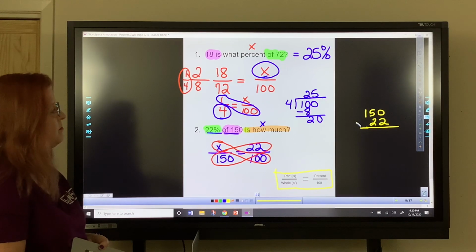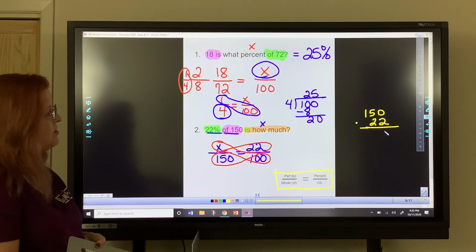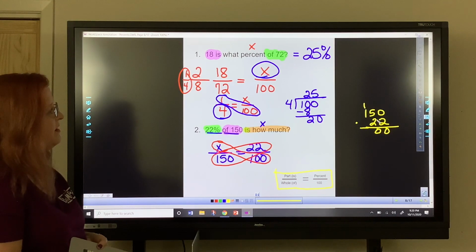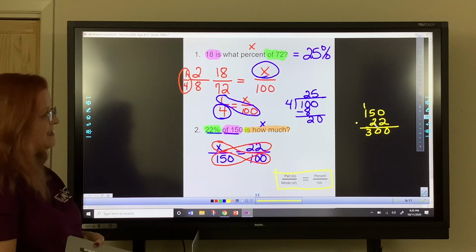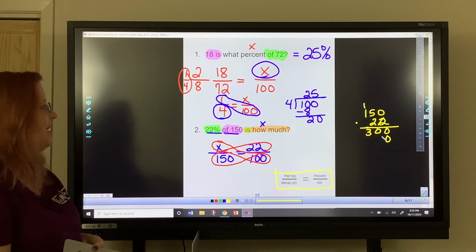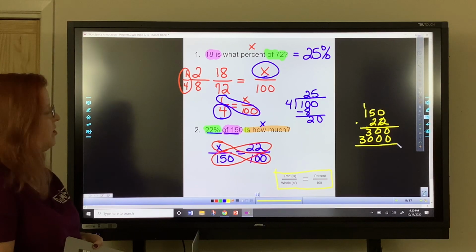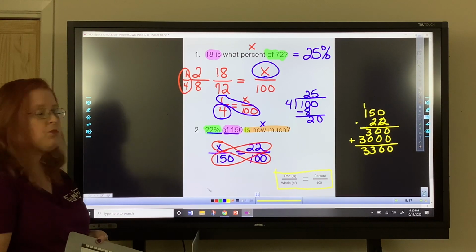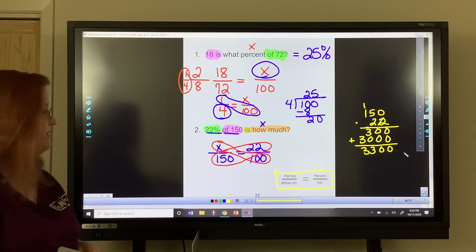So, multiplying. All right, 2 times 0, 0. 2 times 5, 10. Carry your 1. 2 times 1 is 2 plus 1 is 3. Because this is the same number, bring down your 0 for holding that place value, and then repeat. 0, 0, 3. Now add. So we have 0, 0, 3, 3. So we end up with 3,300.